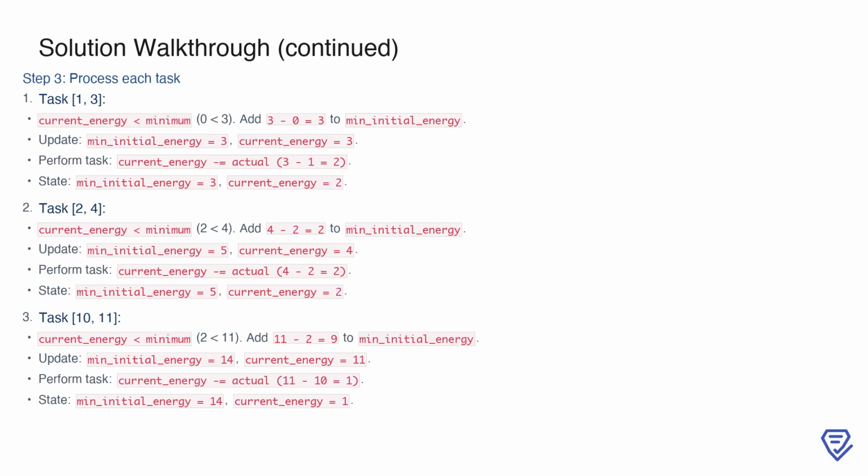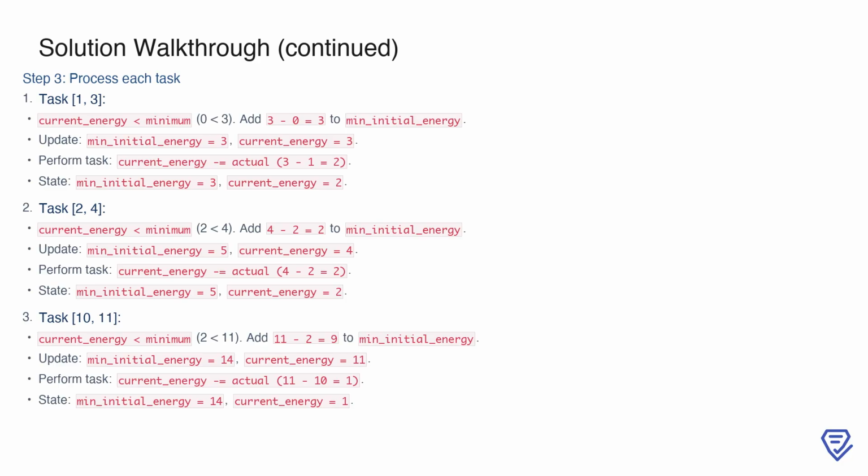For the second task, [2, 4], current_energy is again less than the minimum, so we add 4 minus 2 to min_initial_energy, making it 5 and updating current_energy to 4. Performing the task reduces current_energy by 2, leaving it at 2. Finally, for the task [10, 11], current_energy is much less than the minimum, so we add 11 minus 2 to min_initial_energy, bringing it to 14.